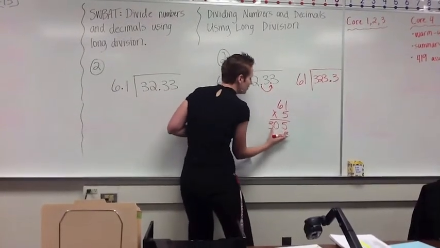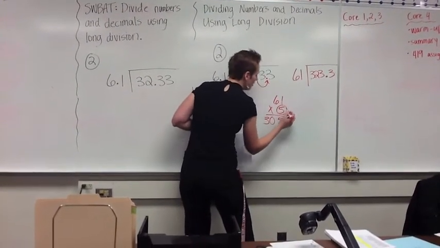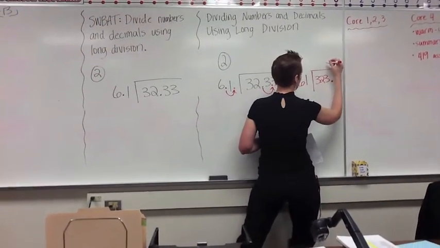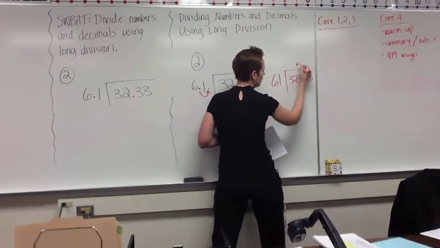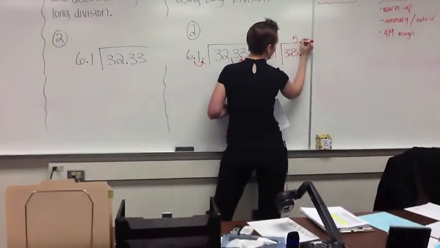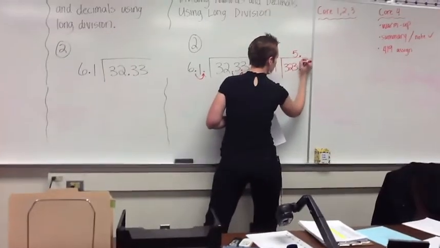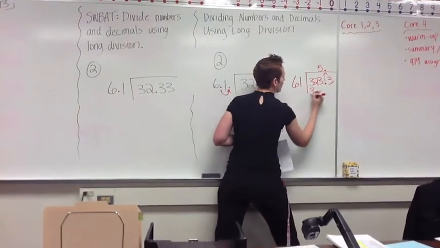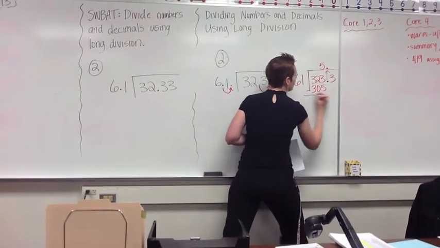So that's going to fit. So this 5 is going to go above our 3 here. This decimal point is going to come straight up. And 5 times 61 we already figured out was 305.